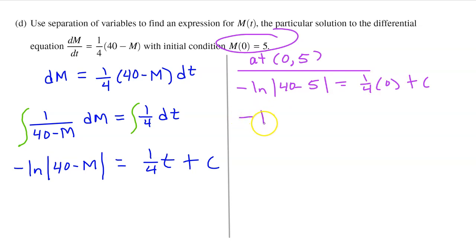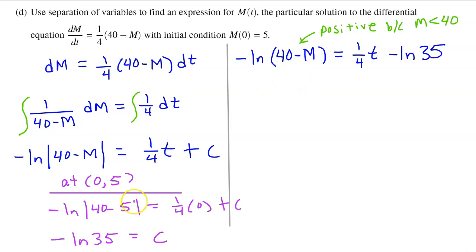So that's negative natural log absolute value of 35. I don't need the absolute value anymore, so I'm just going to put negative natural log 35 is equal to c. So let's take this expression and substitute it in for c.